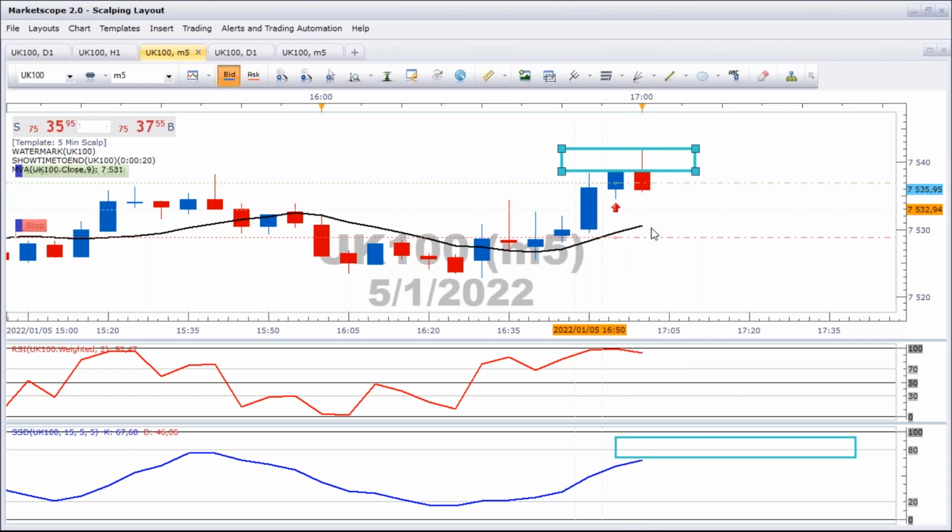But we just want to see if the bulls can regroup here. All right, here comes the next candle.